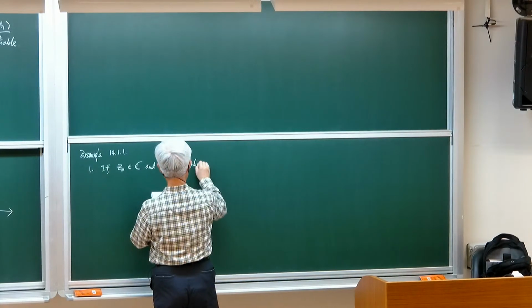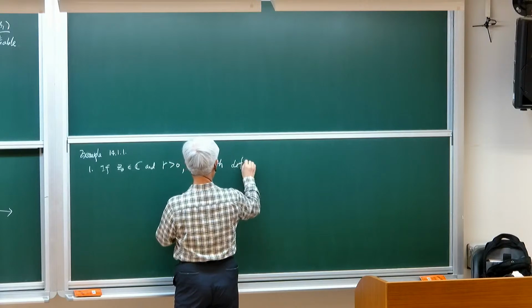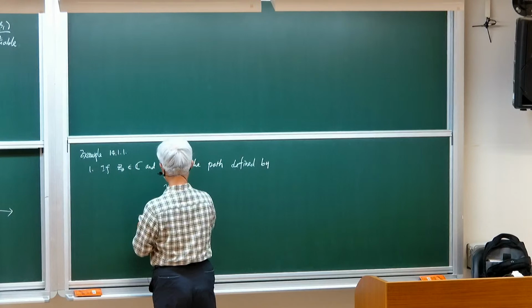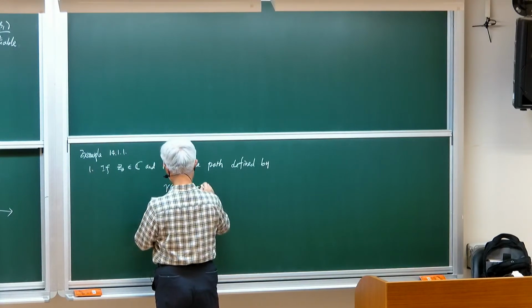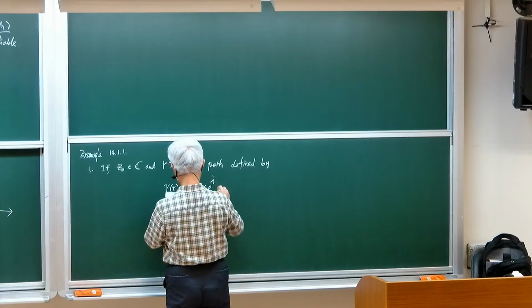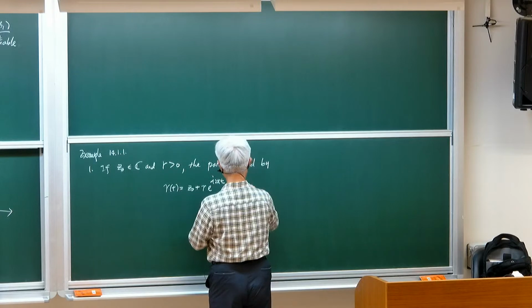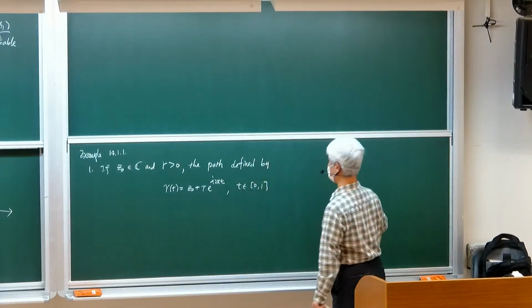Now the path defined by gamma of t, which is z0 plus R e to the i 2 pi t, for the parameter t in 0 to 1.